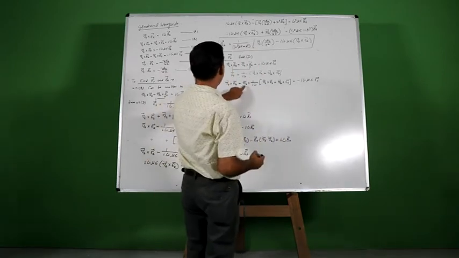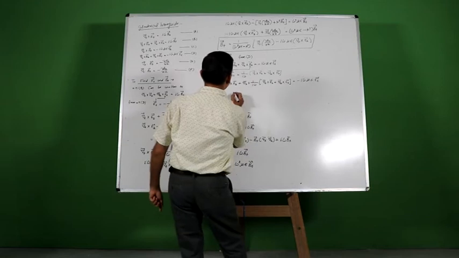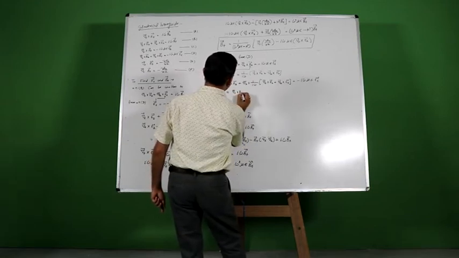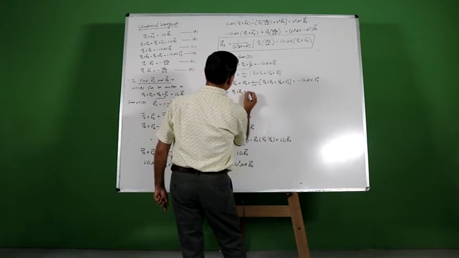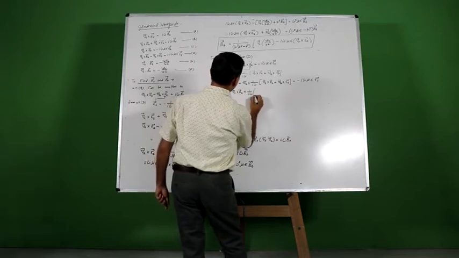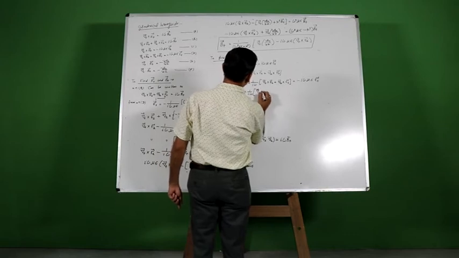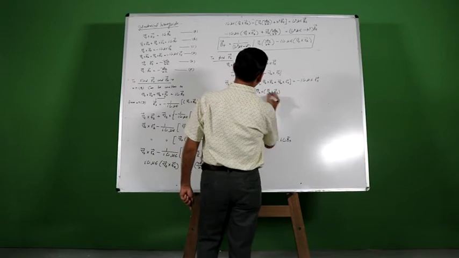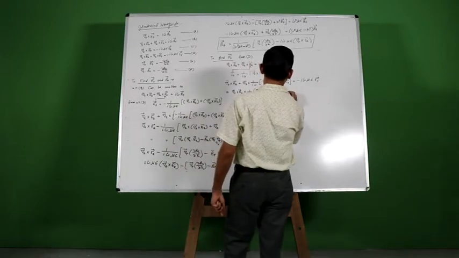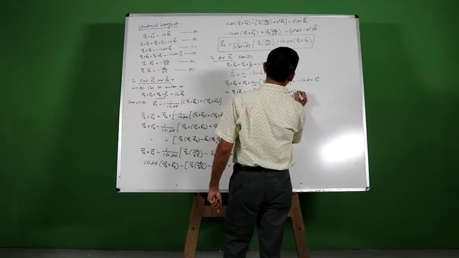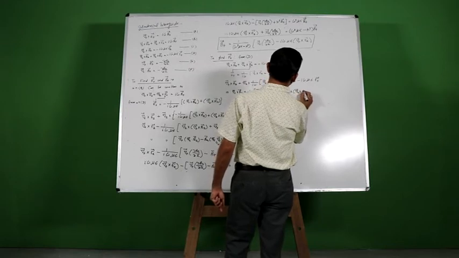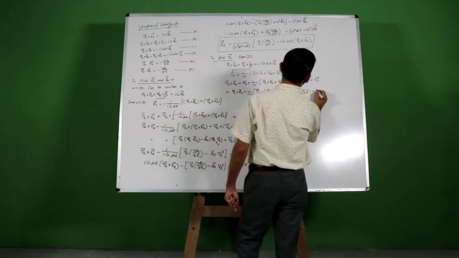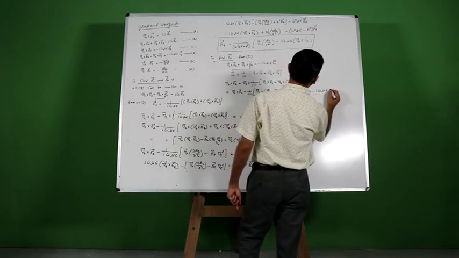Del T cross Bz plus del Z cross this, and now further this can be written as del T cross Bz plus 1 upon iota omega del Z cross del T cross Ez plus del Z cross del Z cross Et is equal to minus iota omega mu epsilon Et.